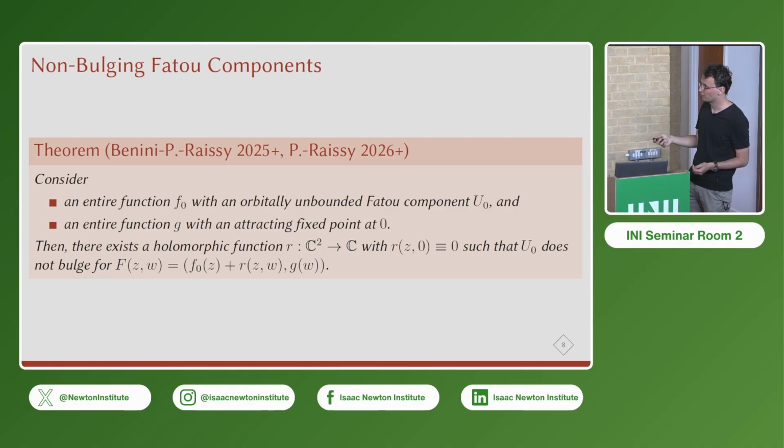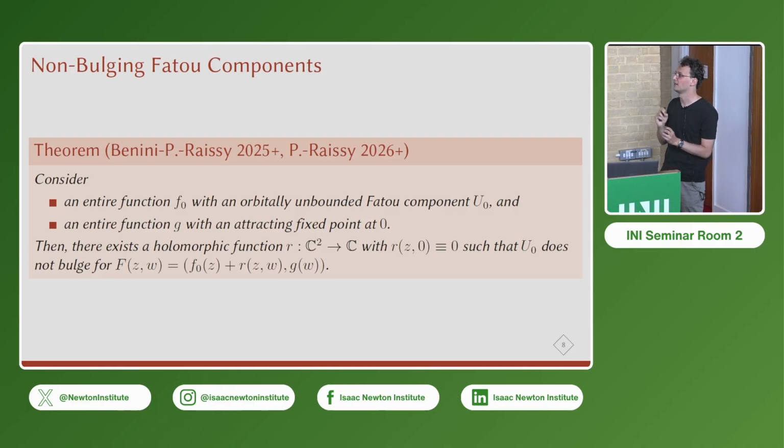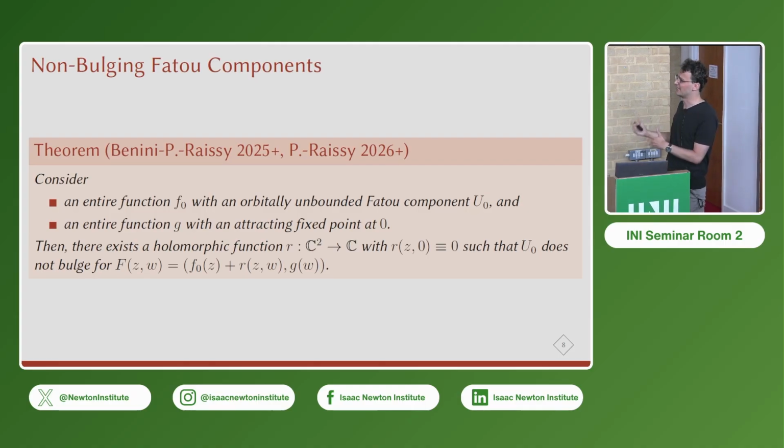So really, given any f0 and given any G, we can construct such a perturbation. And we were first able to show this for a specific Baker domain. And then later we were able to generalize it for any orbitally unbounded Fatou component.